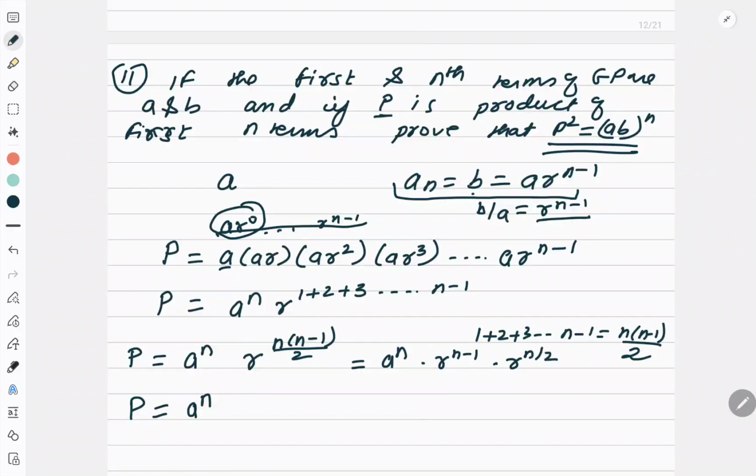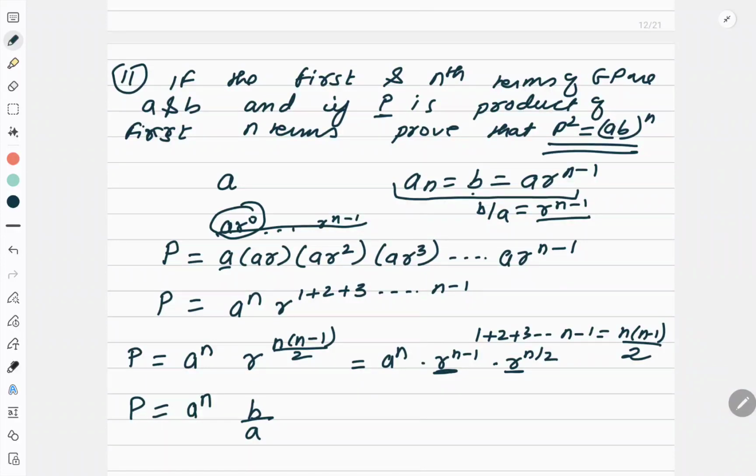So it becomes easy for me. Now r to the power n minus 1 is what? B by A, right? So I'll put B. And then r to the power n by 2.